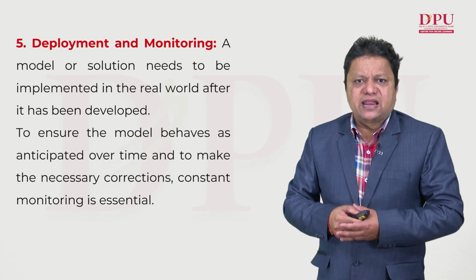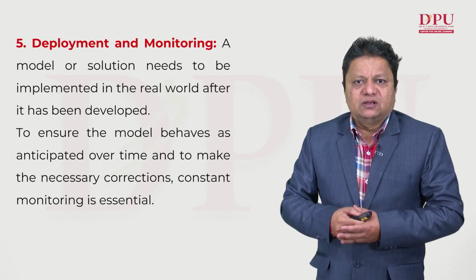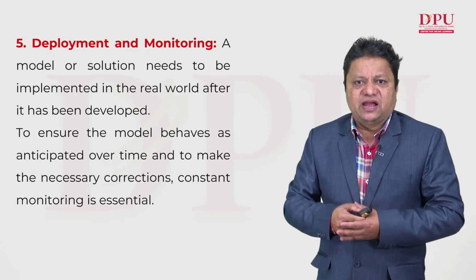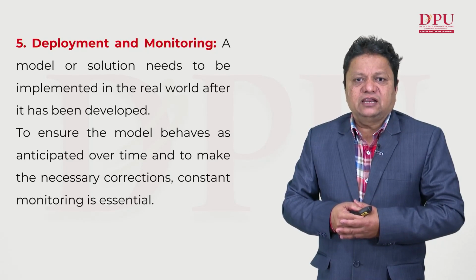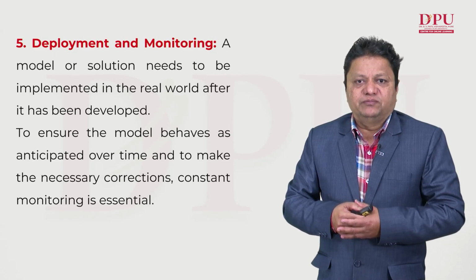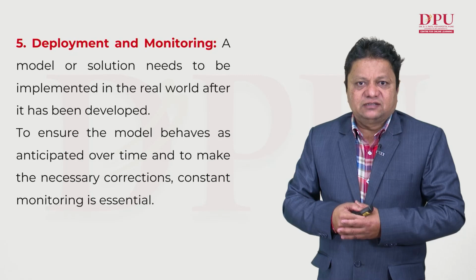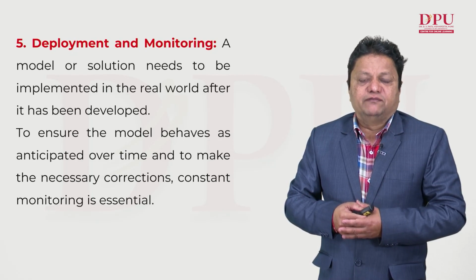Basically, the analytic process model is a template, a framework which defines the various steps that a data set goes through in its entire life cycle to perform the data analysis, or to make predictions, or to help organizations extract insights from the data and make informed decisions.